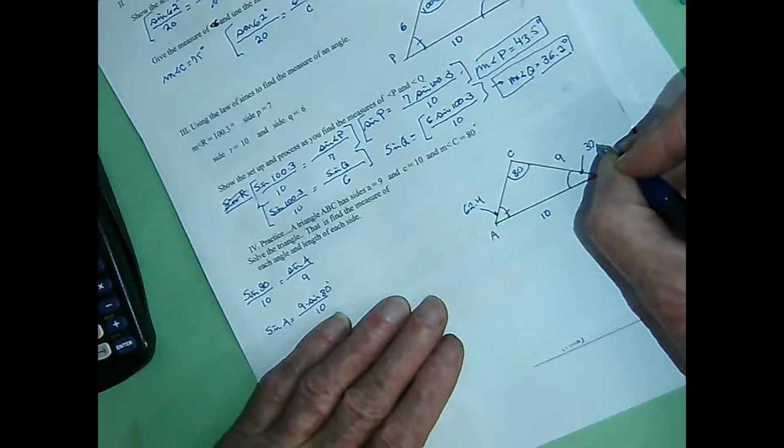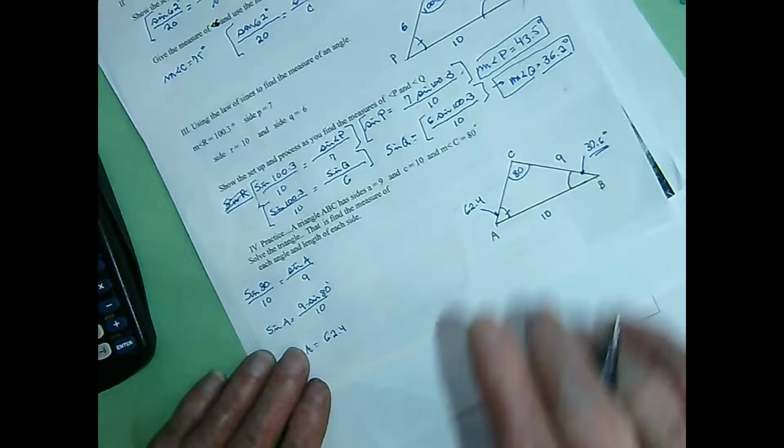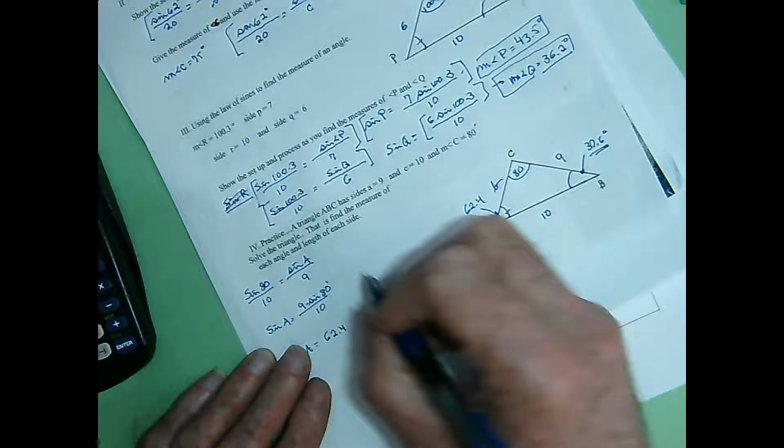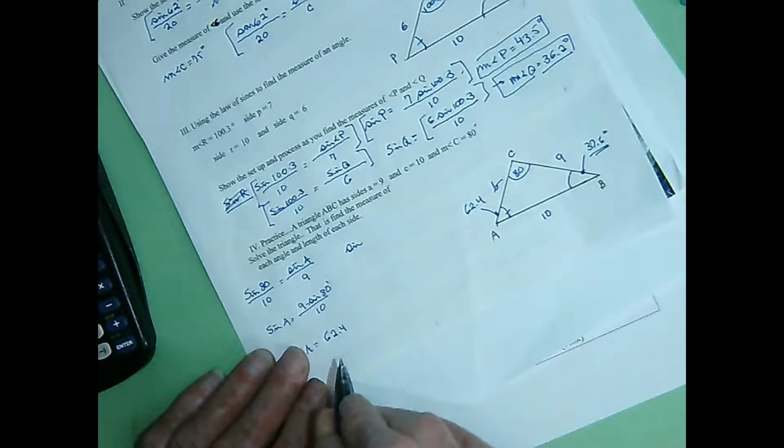So I got to remember the triangle sum theorem, and then I got to use the law of sines, and I can find the measure of the side opposite angle B. Let's call it side little b. The sine of 80 is to the length of its opposing side, 10.